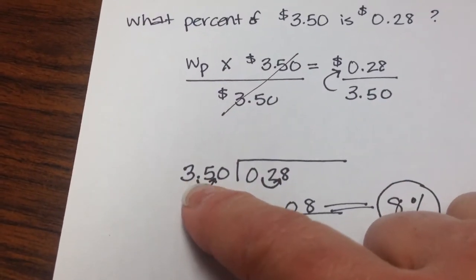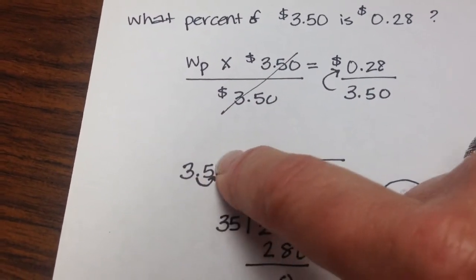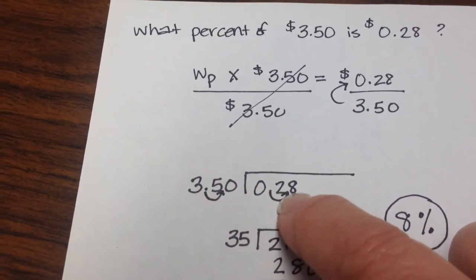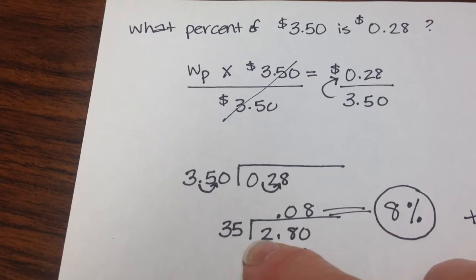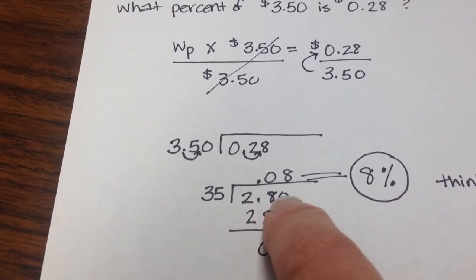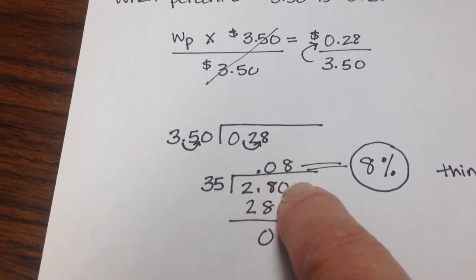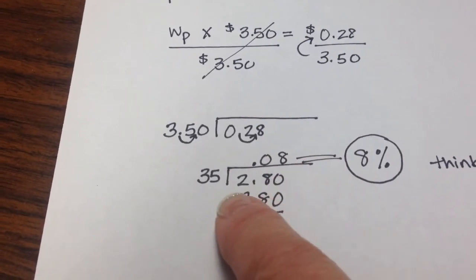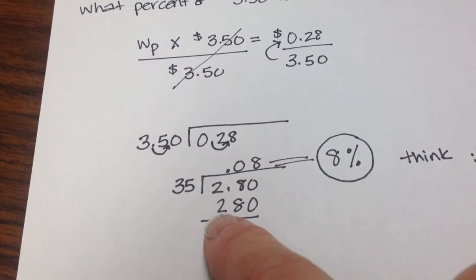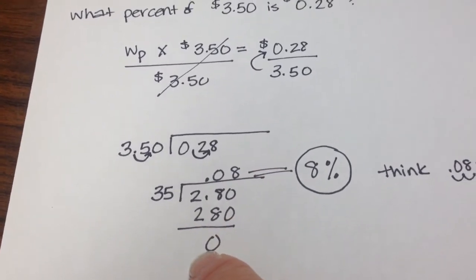Okay, so I'm going to move my decimal over one place, so I have a whole number 35, which means I need to move this decimal over just one place, so I have 2.8. So can 35 go into 2? Of course not. Can it go into 28? Nope. So 0. So add a 0. Can it go into 280? Yes, it can. 8 times, you got 0 left.